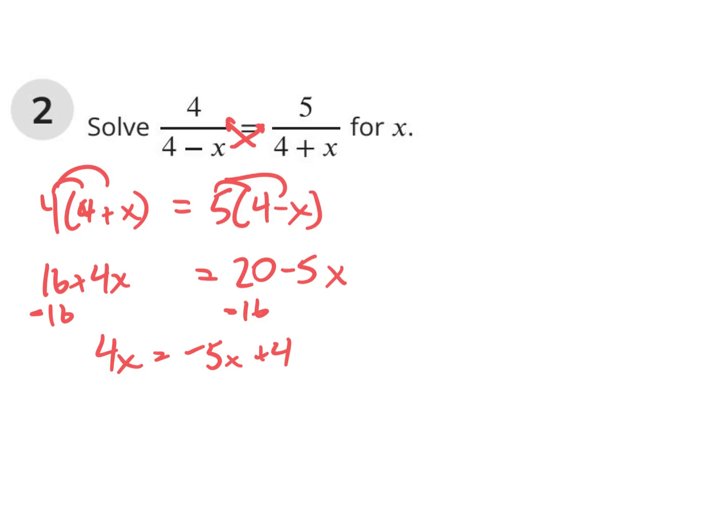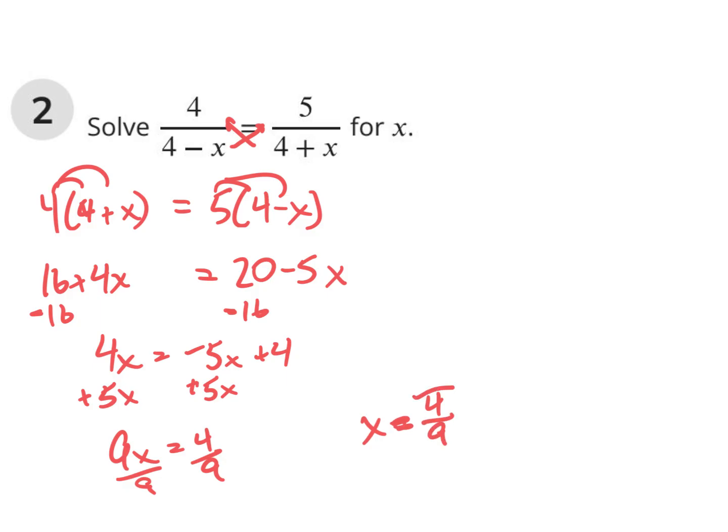Move the letters to the left. Get rid of whatever is in front of your variable. The coefficient, the number up front, should be plus 1. The exponent, the number in the top right, should be plus 1. Okay, that's the solution to that equation.